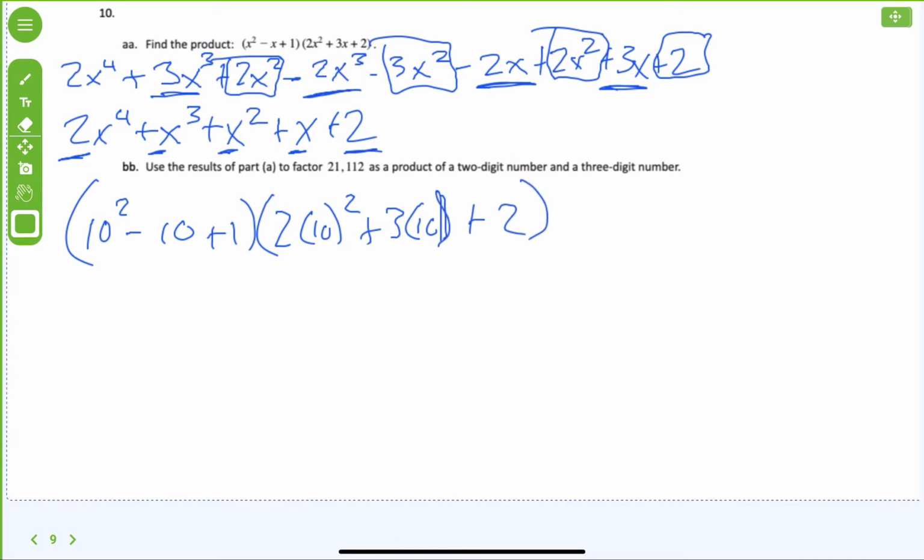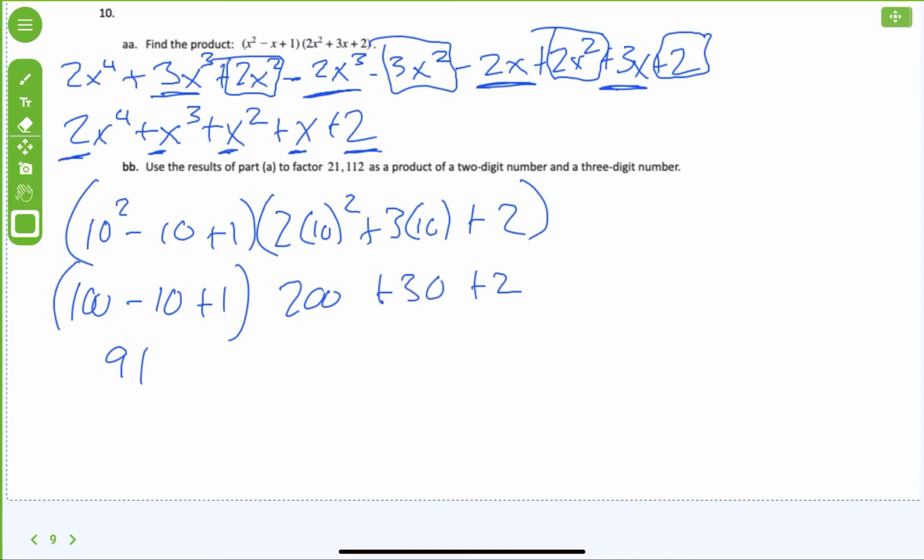Now, this is 100 minus 10 plus 1. What is that? 91. So this is going to be 200 plus 30 plus 2, 232.